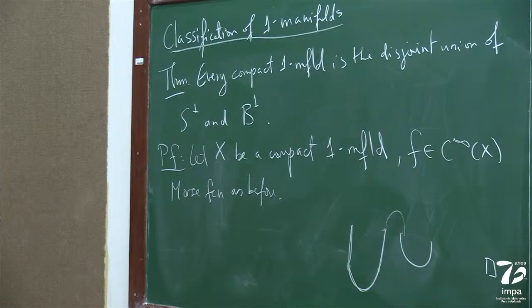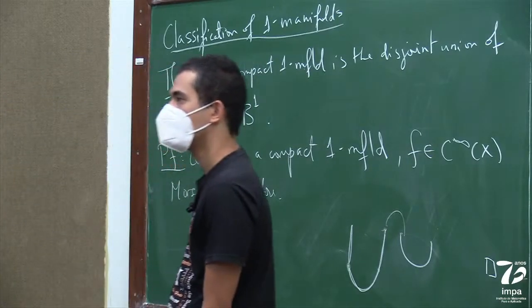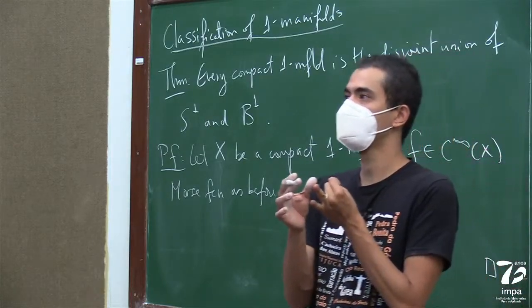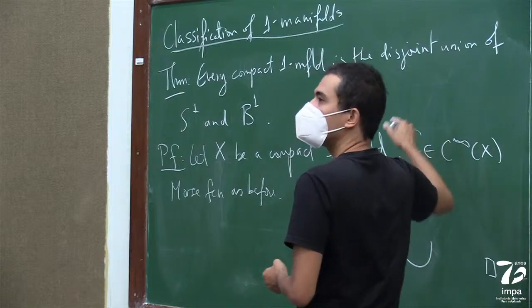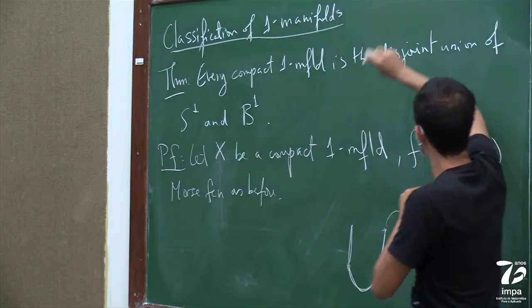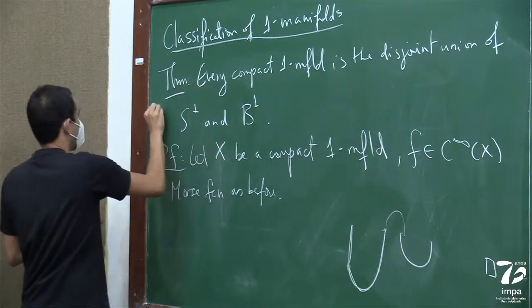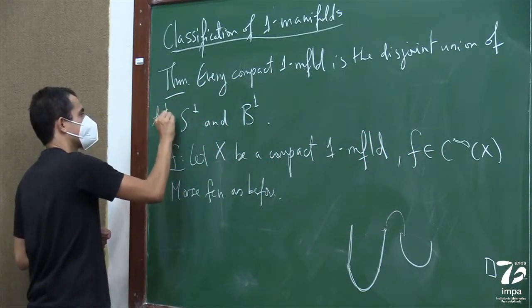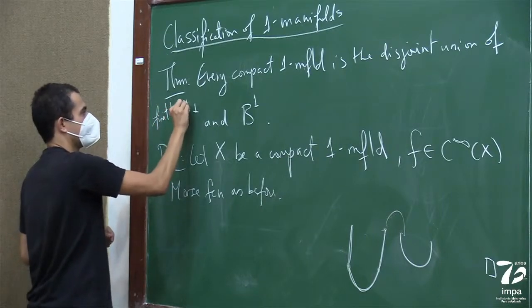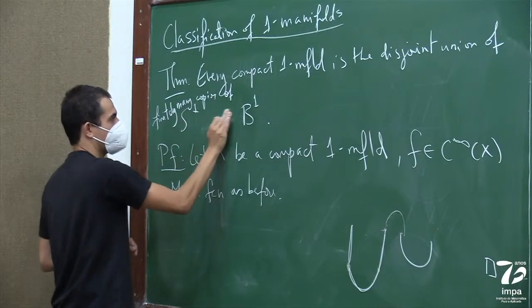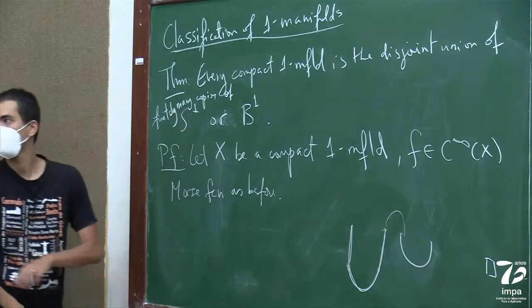It's finite, because you start with a finite number of handles. I mean, because the manifold is compact, so you have a finite number of critical points, so a finite number of handles. So there is a finite number of steps here. So it's the disjoint union of finitely many copies of S1 or B1.